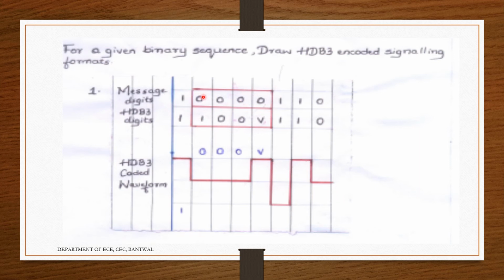But when it comes to this one, I have to check whether it is odd or even. In the odd case, the pattern will be 0 0 0 V. Then I have to check which is the previous one. Is it positive or negative? It is positive. Then I have to code this sequence as 0 0 0, and the peak should be plus here. Please refer to the table in the HDBN.